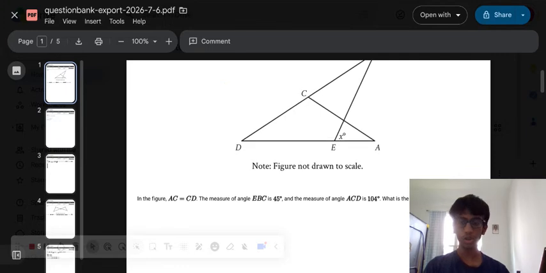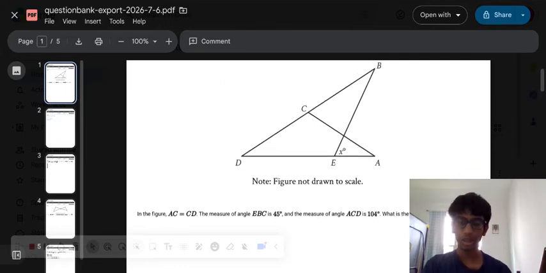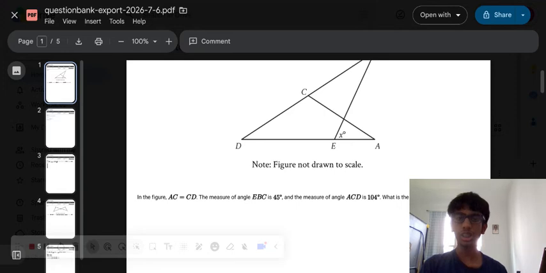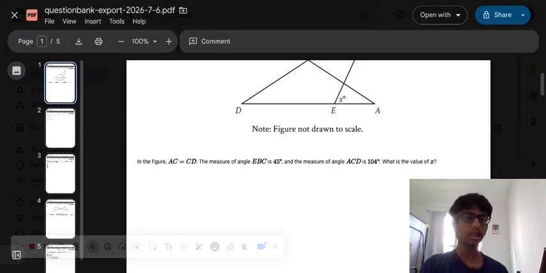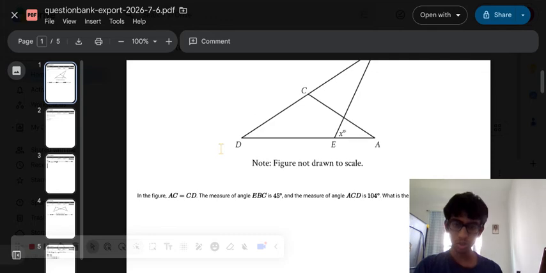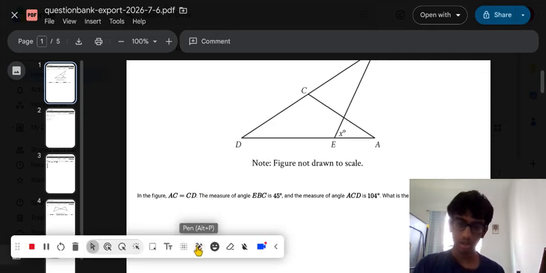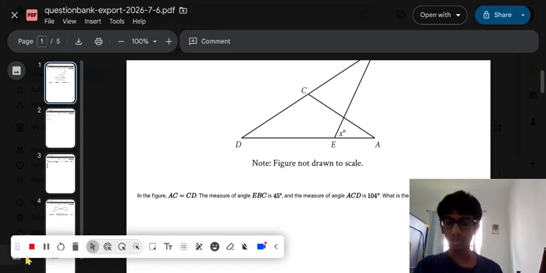Anyways, moving on to our first question. It says in the figure AC is equal to CD. The measure of angle EBC is 45 degrees, and the measure of angle ACD is 104 degrees. What is the value of x? So we know EBC, we know that AC is equal to CD.